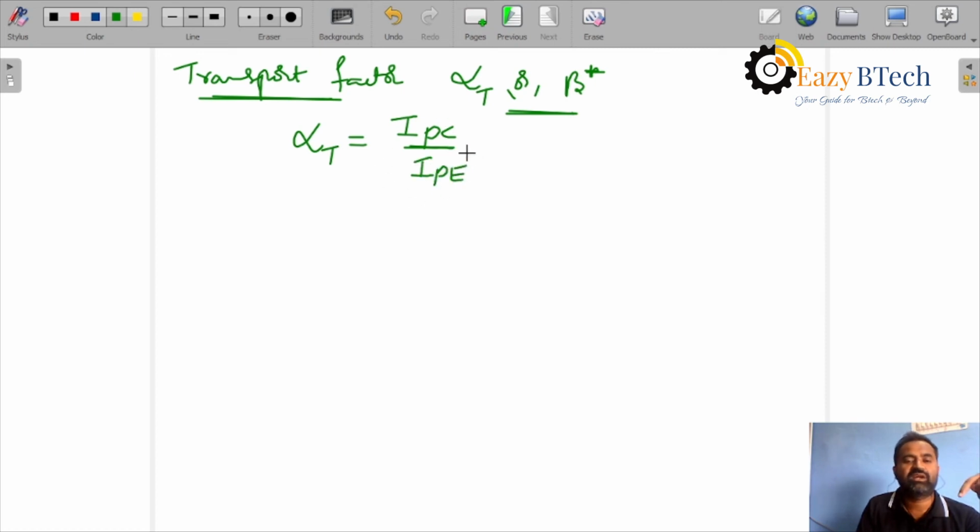So alpha T is equal to IPC by IPE. It is a ratio of the current entering the collector region to the current leaving the emitter region. That is why it is called a transport factor.